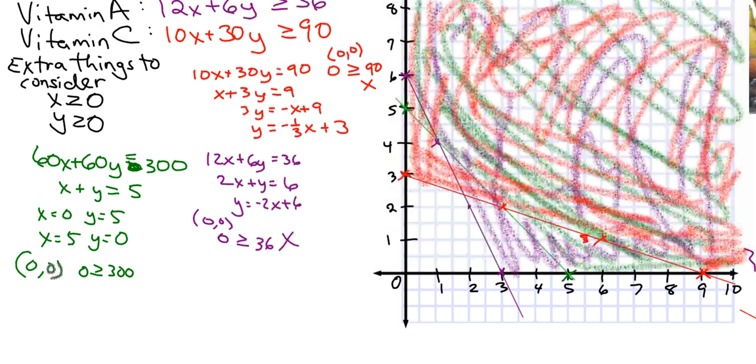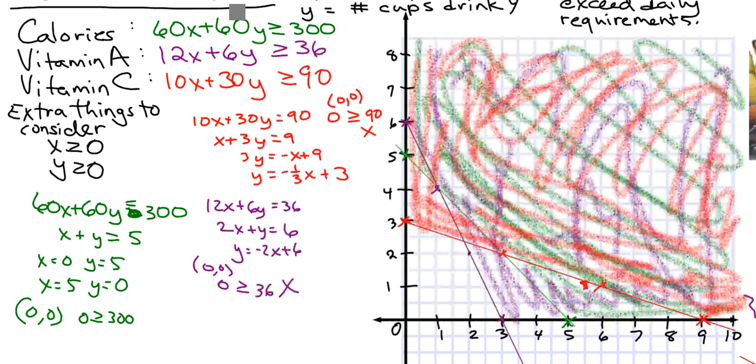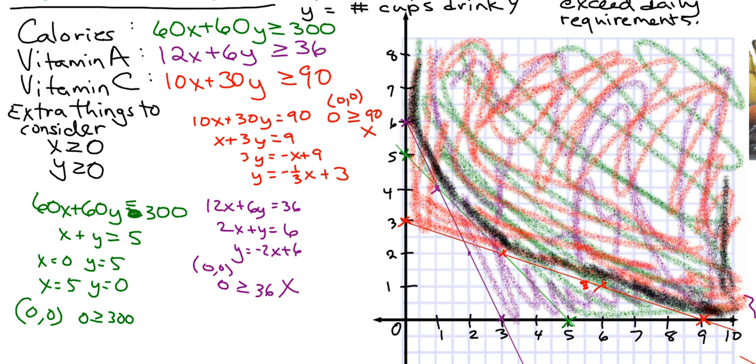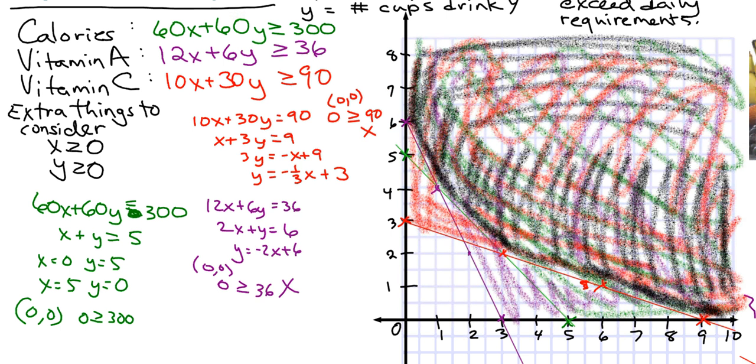I think I have to find where all this shading overlaps. Maybe I'll shade this in black. I think everything is above there. And so my final region that's shaded should be all of this, and of course out to infinity as we go.